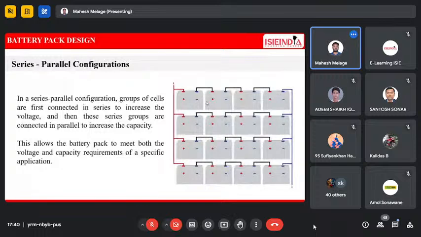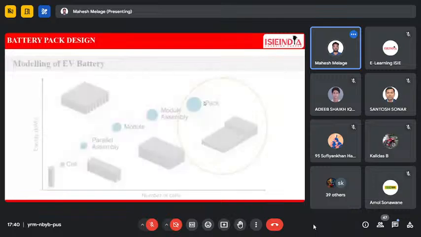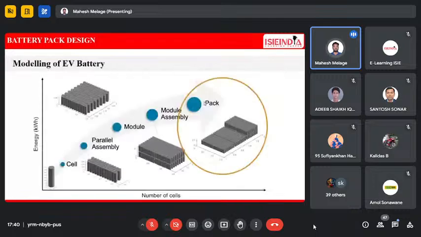As per the requirement and the battery pack specification, we can use different series-parallel combinations. So how do we decide how many cells are connected in series and how many in parallel? This is the next part. This is the modeling of EV batteries.